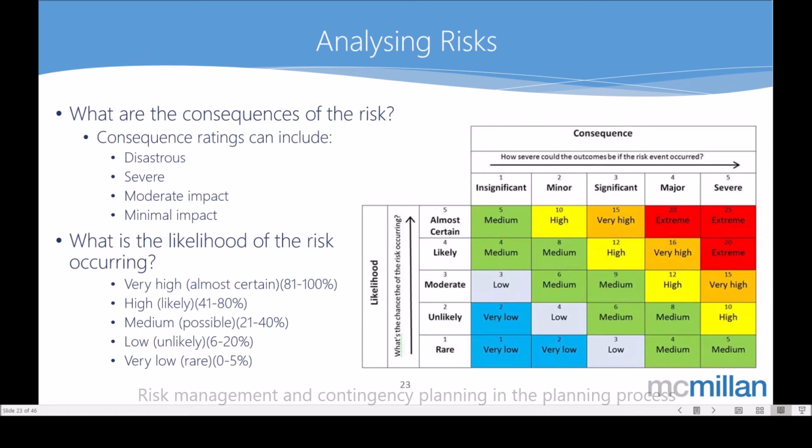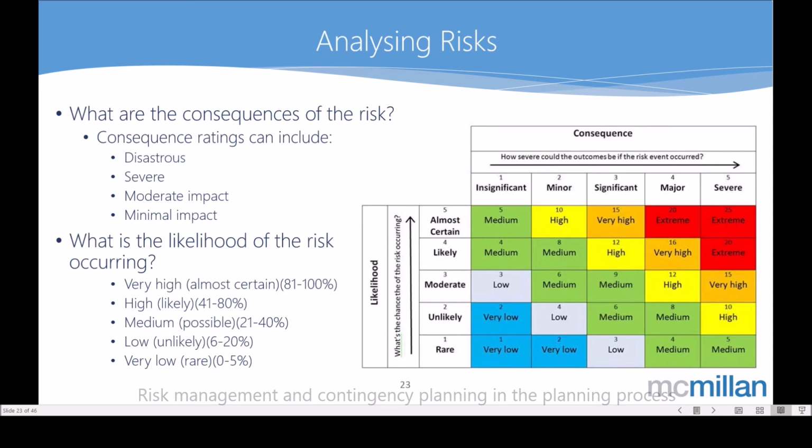So if you think the likelihood is rare that something's going to occur, and the consequence is insignificant, using this particular tool on this screen here, you're going to determine that the risk is very low. The blue one, very low.